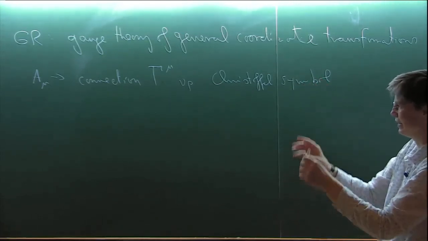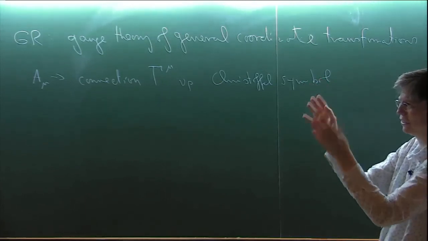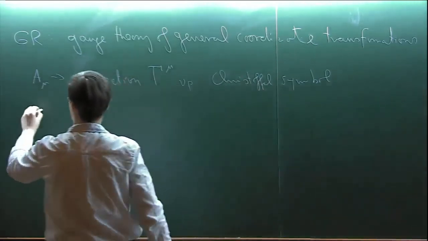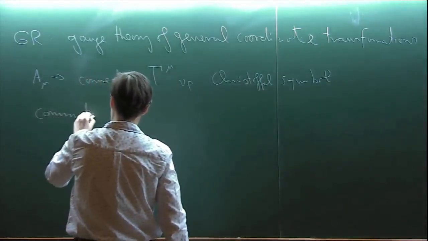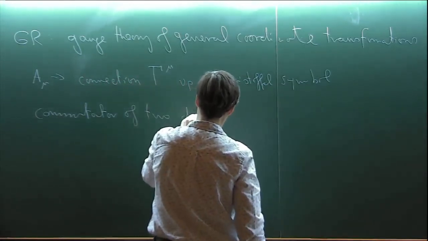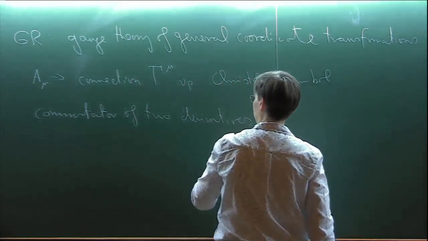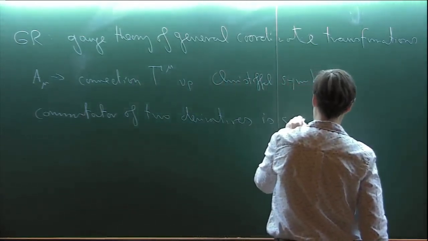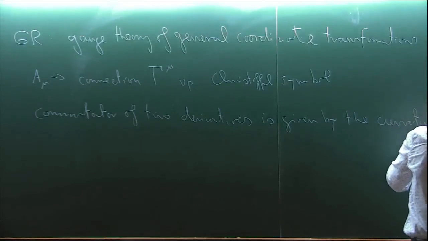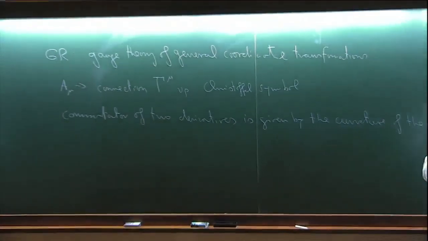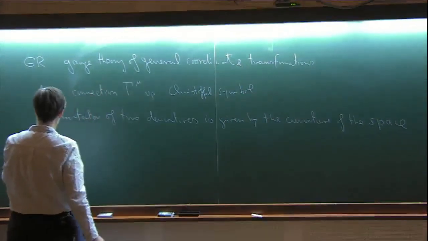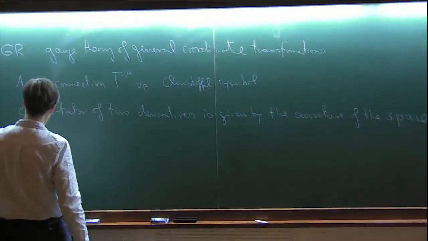Okay? So essentially there's a tensor which measures how curved your space is, and you just look at the commutator of 2 derivatives. The commutator of 2 derivatives is given by the curvature of the space, and this is quantified by the Riemann tensor.